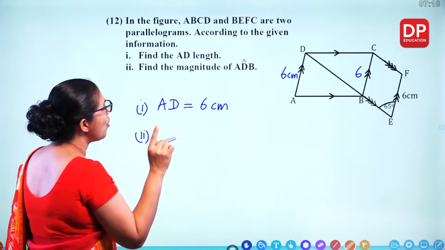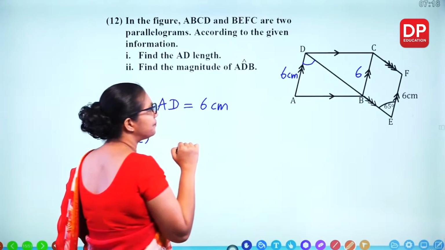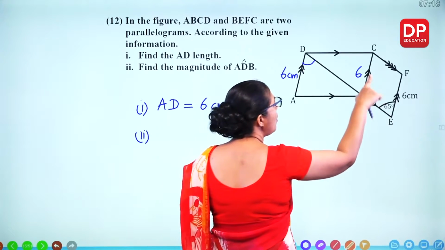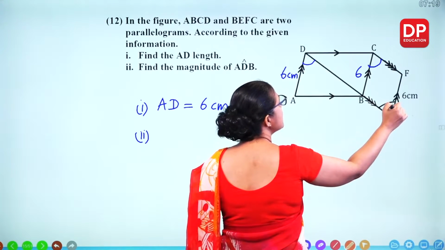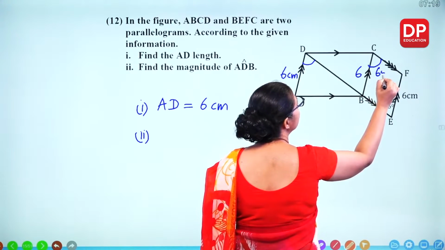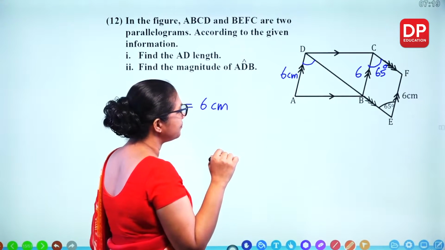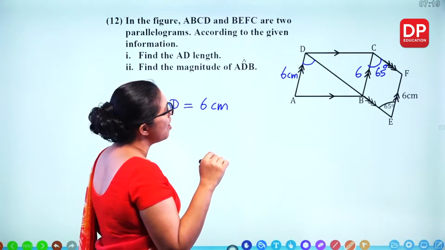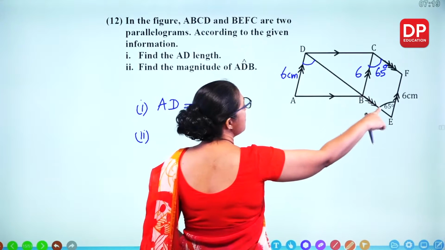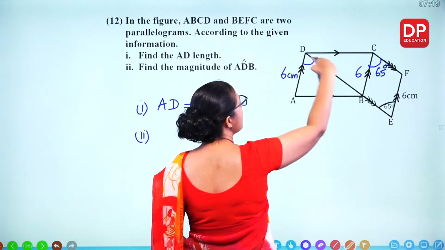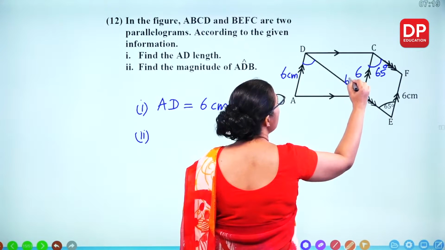Find the magnitude of ADB. ADB is this angle. We know in a parallelogram, opposite angles are equal. So if this is 65, this is 65. And what else we know? Here, if this is 65, this is a parallel line, straight line. So this is 65.